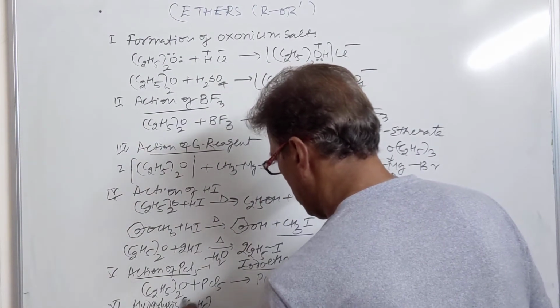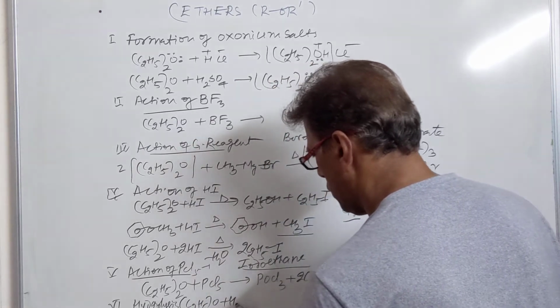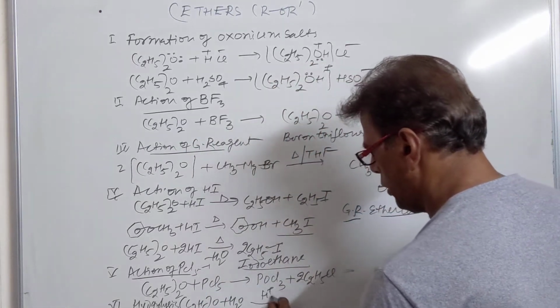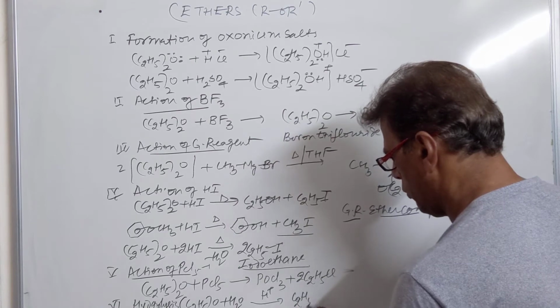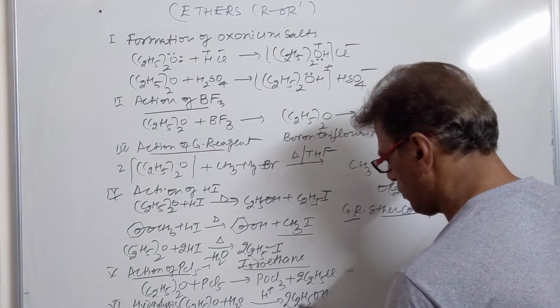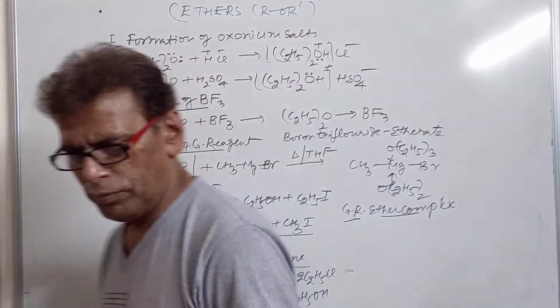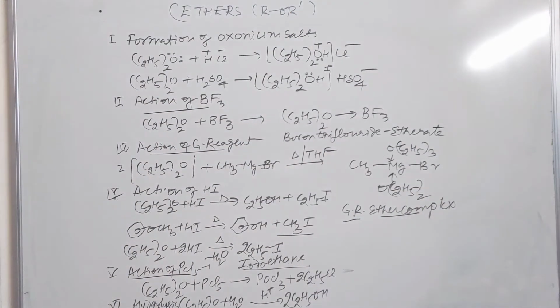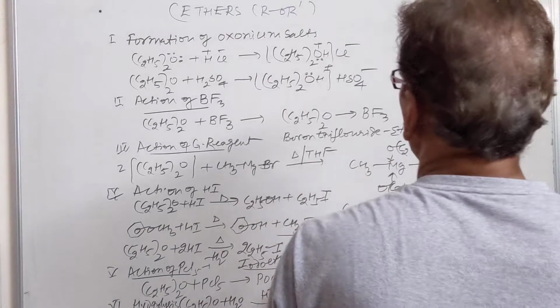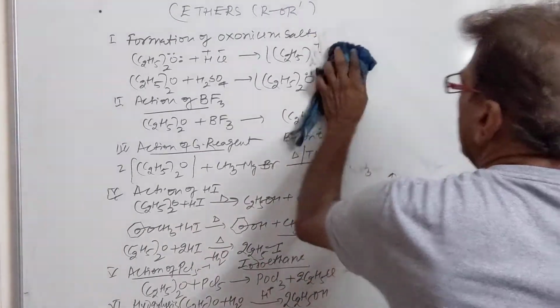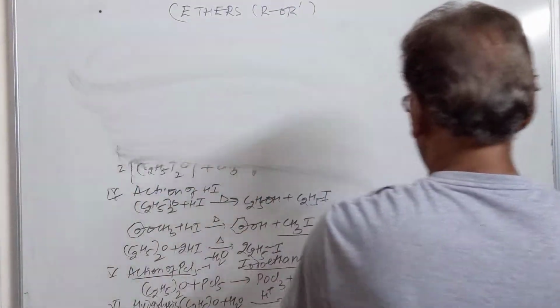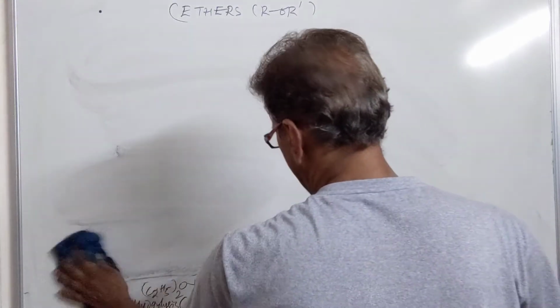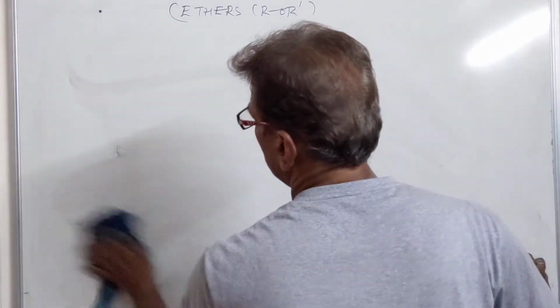Diethyl ether is taken here and treated with water. In the acidic medium, we get two molecules of ethyl alcohol. So this is our next reaction. Then we have a few more reactions of ethers. They are action of acetyl chloride, action of acetic anhydride, action of carbon monoxide.